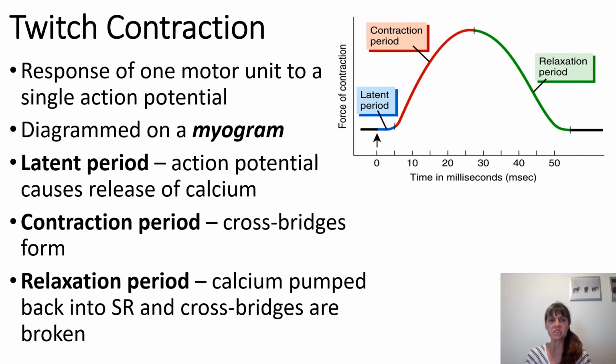A muscle twitch is the response of one motor unit to a single action potential. These are usually diagrammed on myograms, and you'll notice that from the time of stimulus, there is what is referred to as a latent period, which is usually the first few milliseconds that occur between the stimulus and the actual contraction.